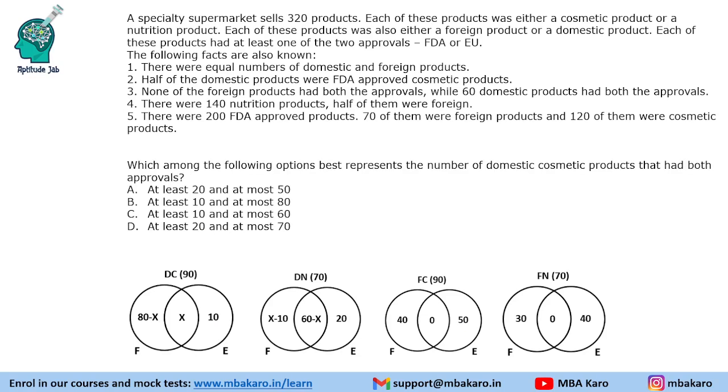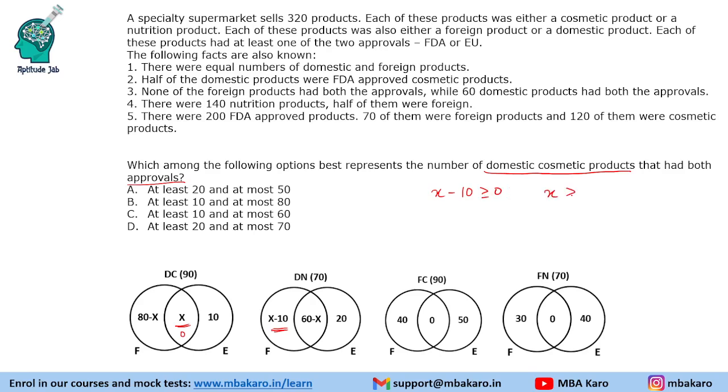Which of the following options best represents the number of domestic cosmetic products that had both approvals? Domestic, cosmetic, both approvals. So we need to find the value of x, right? We need to find minimum and maximum value. So minimum value of x, see we cannot take x as 0 because there is a value x minus 10. So x minus 10 should be greater than or equal to 0.